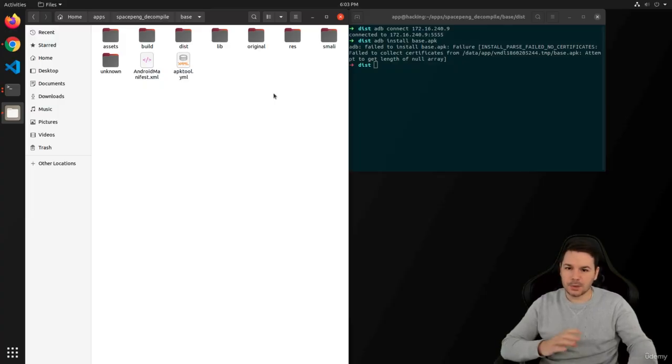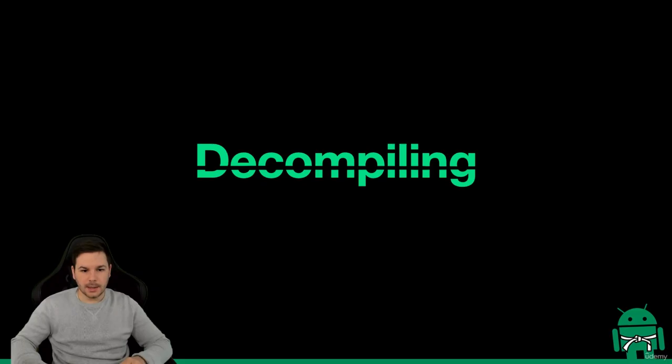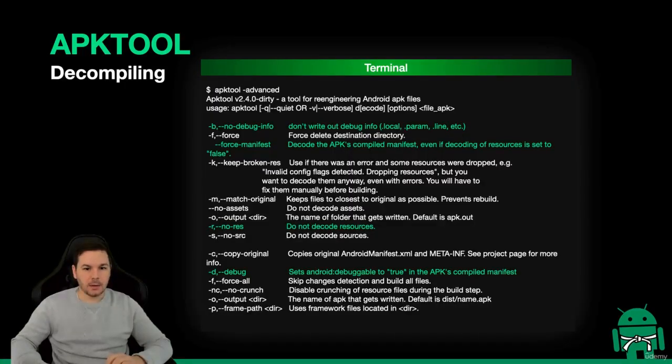Okay, let's switch back to the presentation, wrap this up really quick, and then we go into the next section, which is the Android manifest XML. Okay, in this section we have learned how to decompile and build an application. We have learned the most important features of apktool, which are already listed here. We've also seen the most important options of apktool.